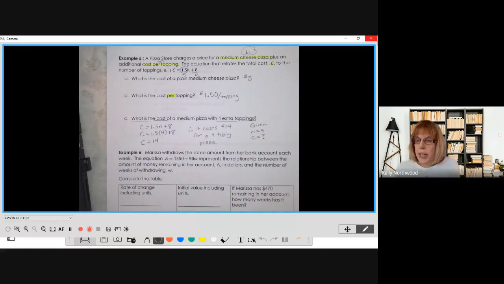Okay, so this time we were given the equation. And that's kind of how this lesson is. We're trying to pick out pieces of information, either just given wording and numbers or given the equation and some words to help us.